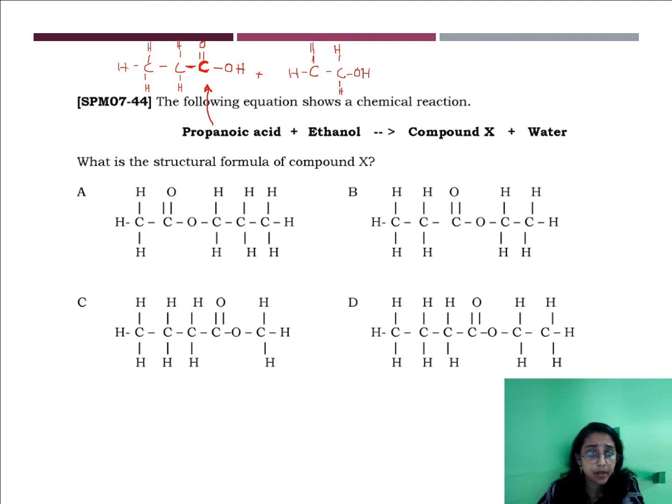Okay, so now follow the rules I've taught you. What you have to do is you cancel off H from carboxylic acid, OH from alcohol. Then you merge them. So when you're merging them, remember, this is going to be your bridge. So go and identify all your bridge in the structure given.